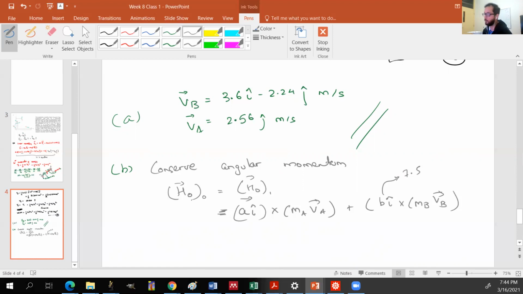So now we need to find out what the initial angular momentum is.